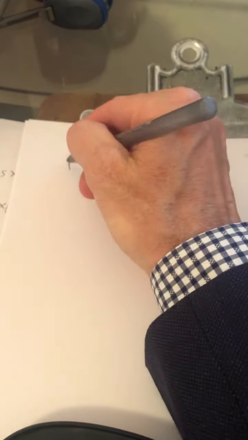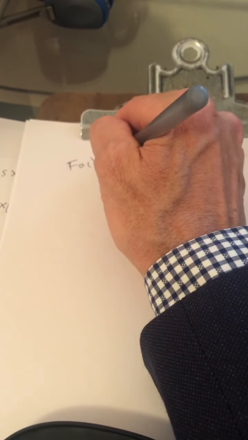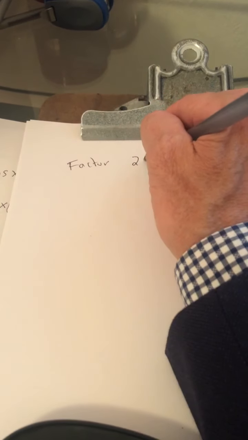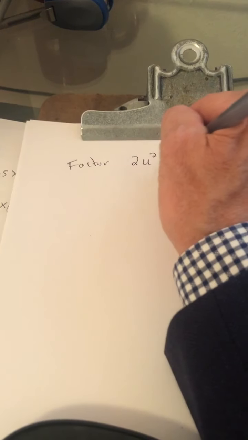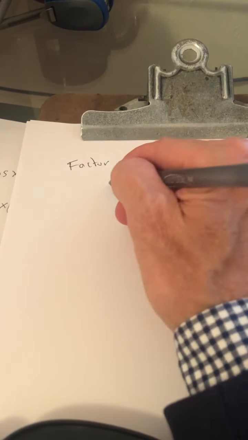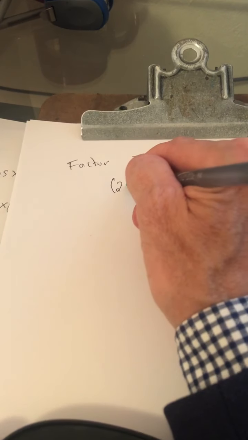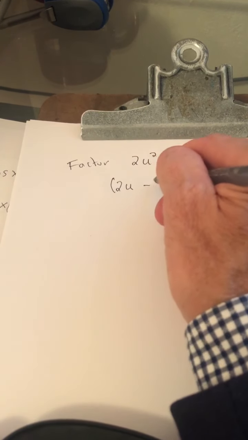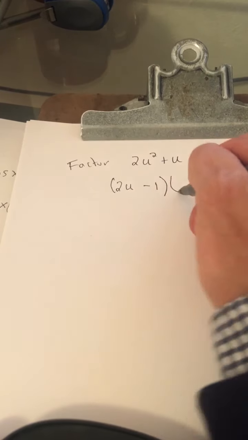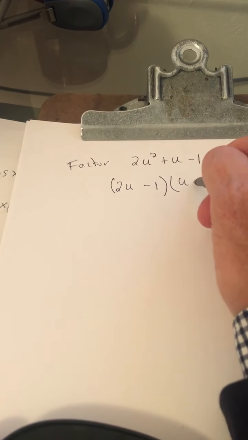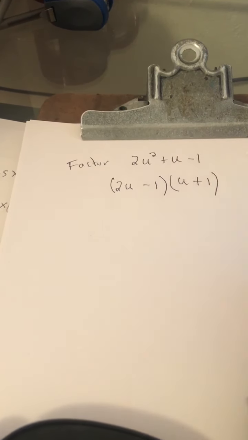So I want to factor 2u squared plus u minus 1. Well, that factors as 2u minus 1 times u plus 1.